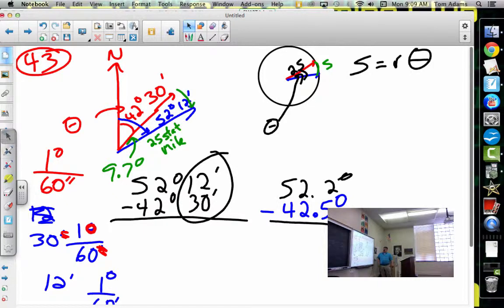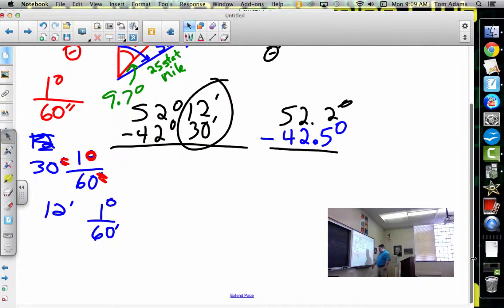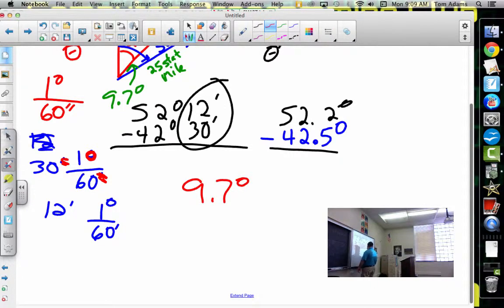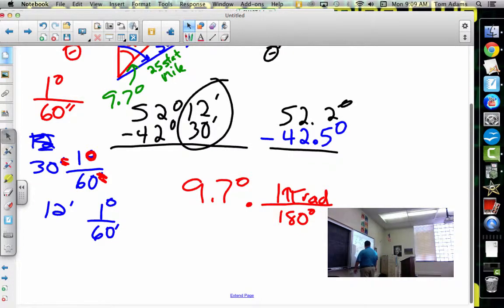All right, so now I need to convert that. In order for this formula to work, I need my degrees to be in radians, okay? So in order to make my degrees in radians, what I need to do is convert 9.7 degrees into radians. So one more conversion and then I'm done. 9.7 degrees times, I want it in radians, so pi radians is equal to 180 degrees.